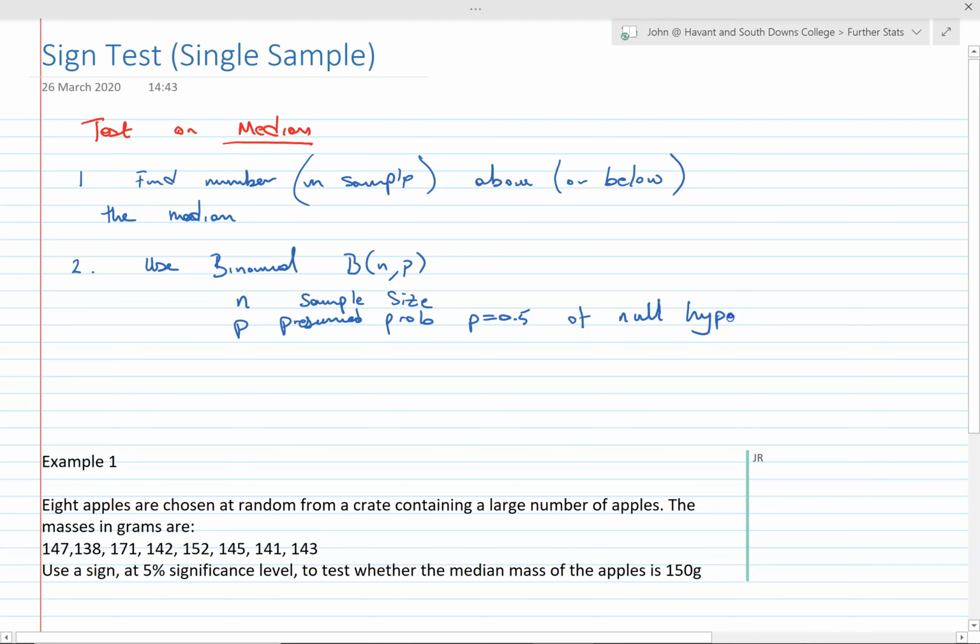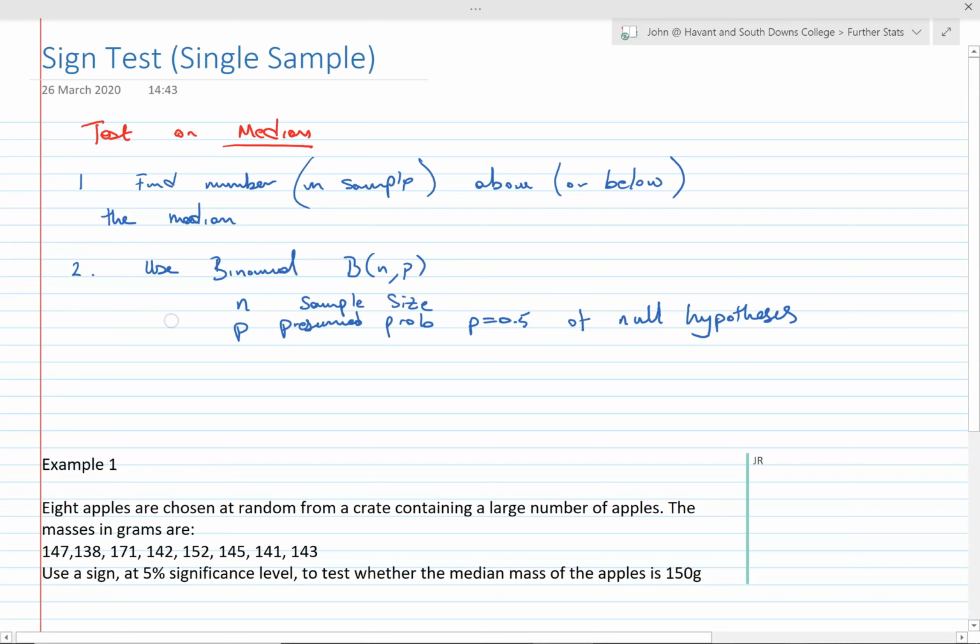Because if we're presuming the median is a particular value, then there's going to be an equal probability of a value being above or below a particular value.